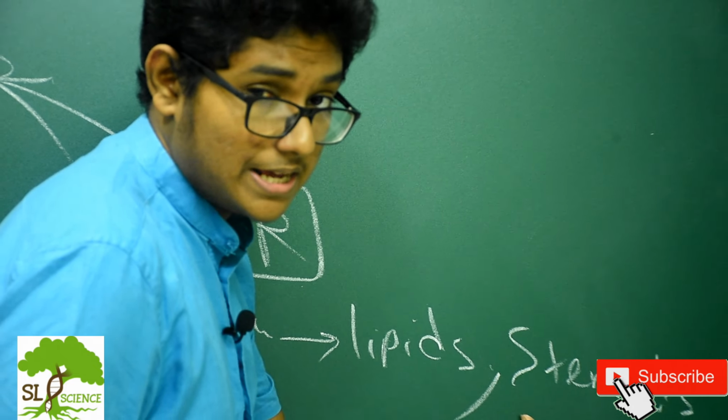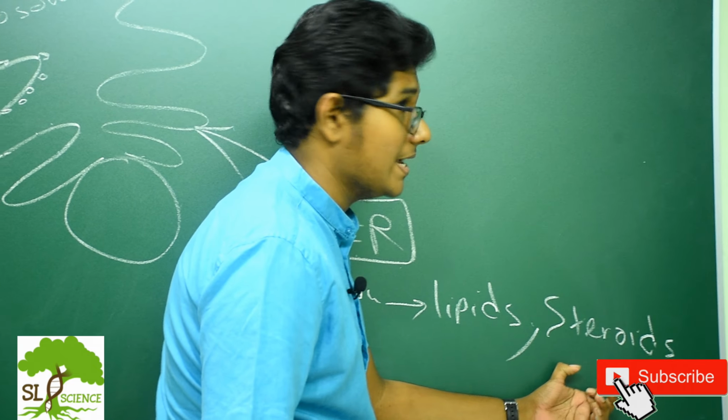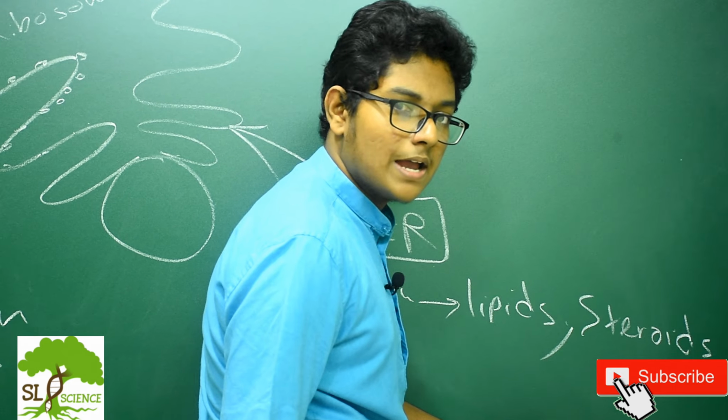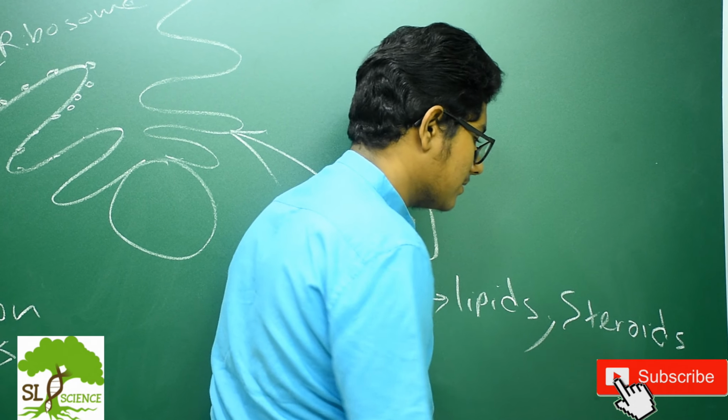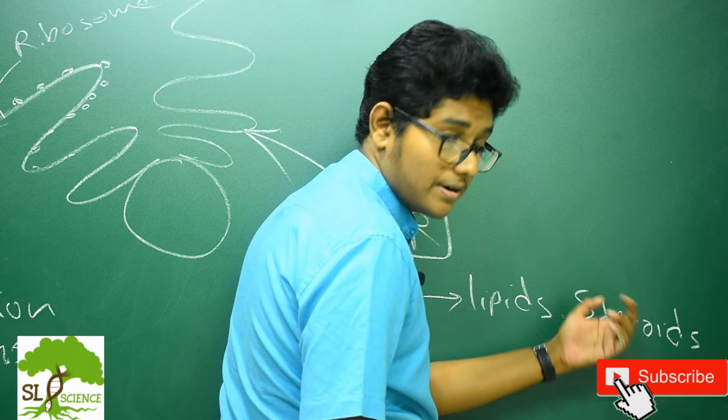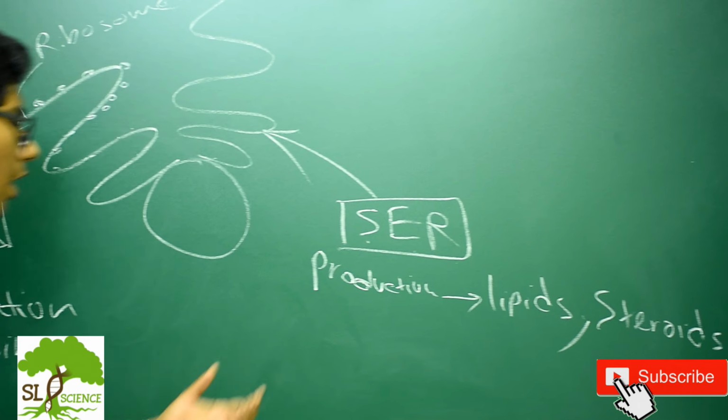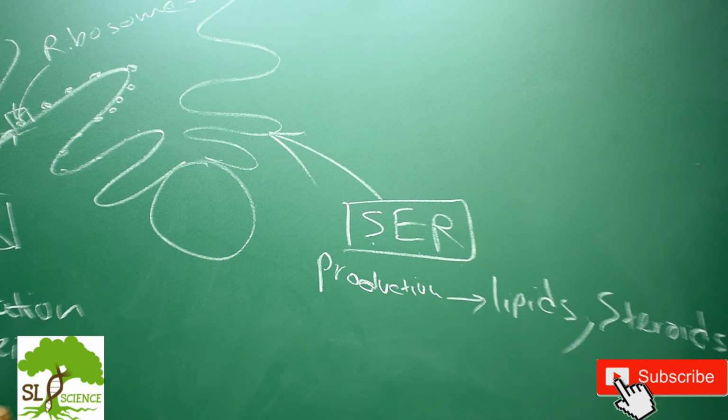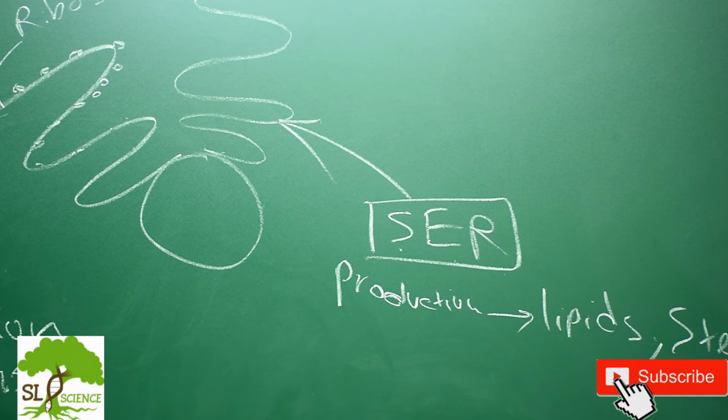An example for a steroid is cholesterol inside animals. Cholesterol is a steroid. Now those are the main functions of the SER and RER.